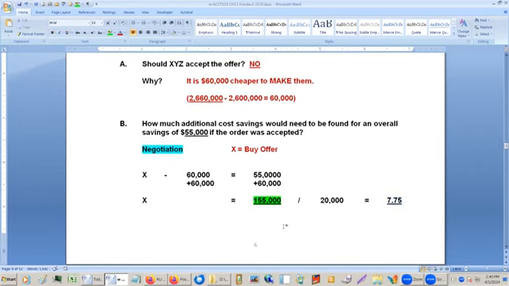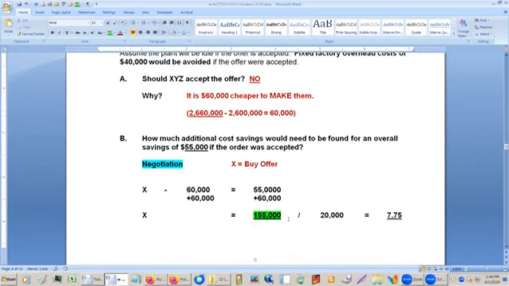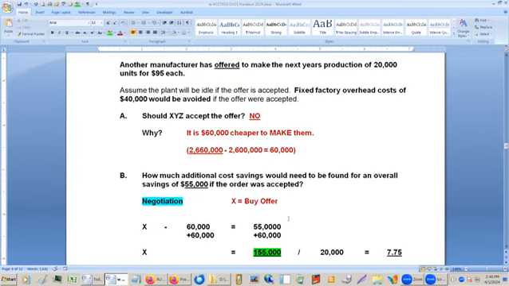Okay, so if they wanted to get the actual price that they would have to sell it to them for would be what, 95?